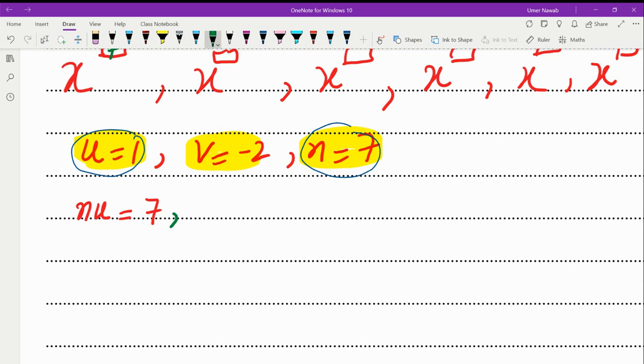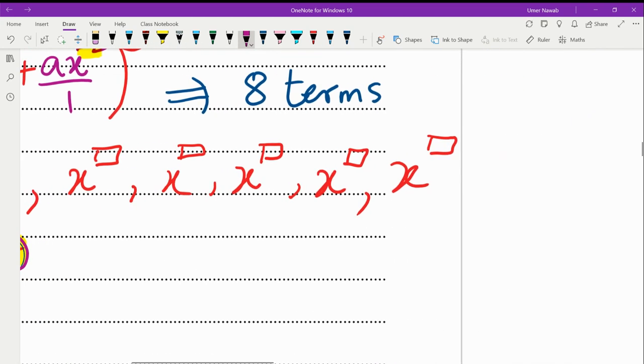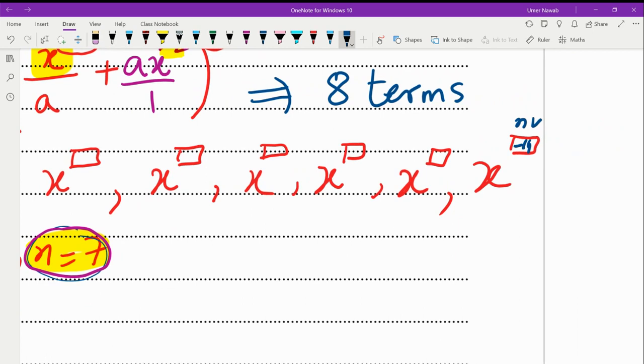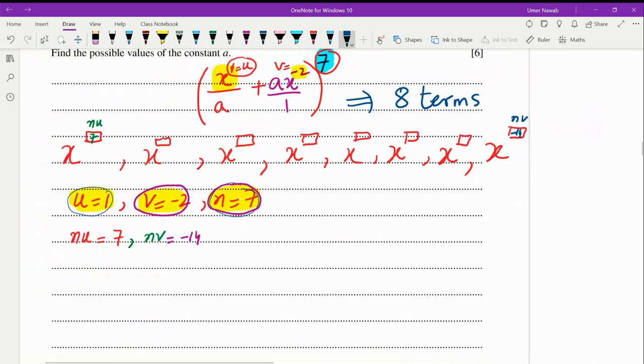Next thing is nv. Multiply n with v. So we are getting minus 14. So my last power is nv, which will be minus 14. Now how to write all the middle terms? Simple idea.